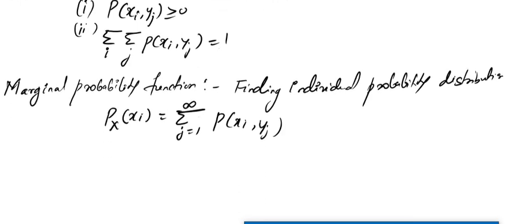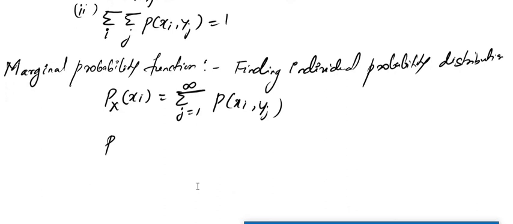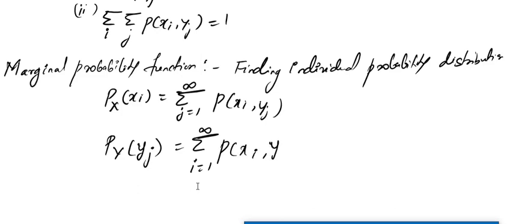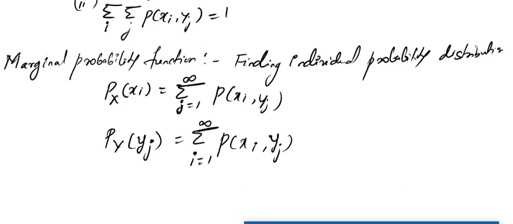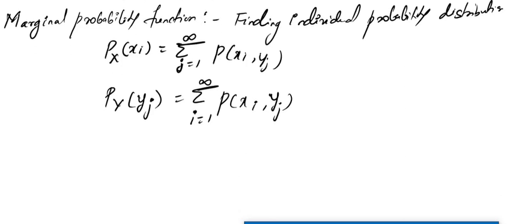Similarly, if you want to find the marginal probability for y, then P of y at yj is equal to the summation over i equal to 1 to infinity of P of xi, yj. Remember, when you're solving for x, the summation is over j, and if you're solving for y, the summation is over i. This is how you can find the marginal probability function.